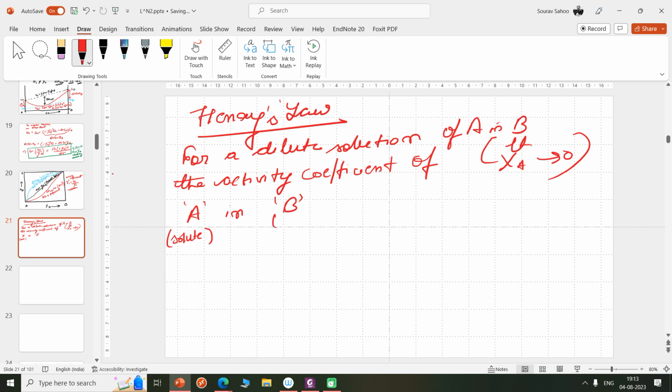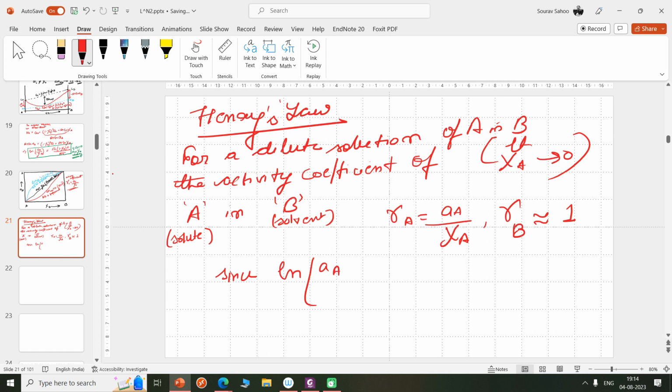And B is the solvent here, which is higher in amount, and A we are taking negligible amount. So gamma A is given by a A by chi A, and chi B will almost be 1, since ln a A by chi A is approximately equal to omega by RT, because chi A tends to 0.